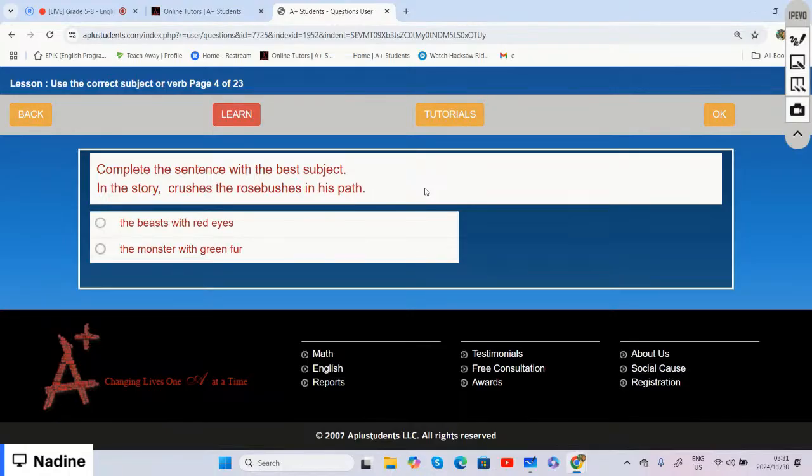We now need to choose one of these sentences to complete our sentence.